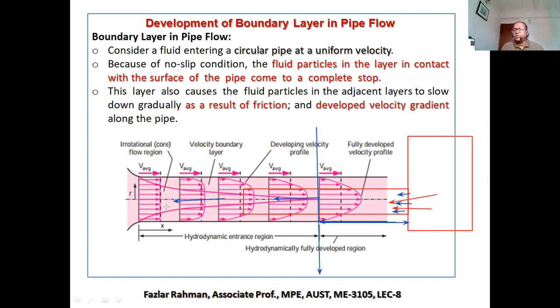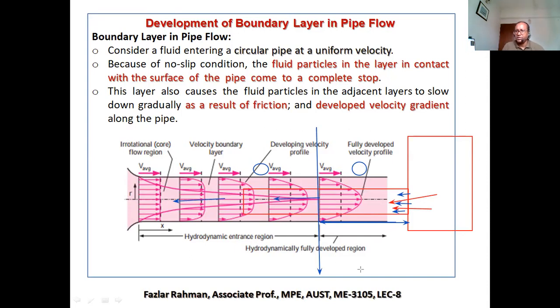Now, if you would like to install a pressure gauge right over here, or a flow meter, densitometer, or orifice meter, where will you install it? If you install a densitometer at this point, you will not get an accurate result because the velocity is gradually changing.